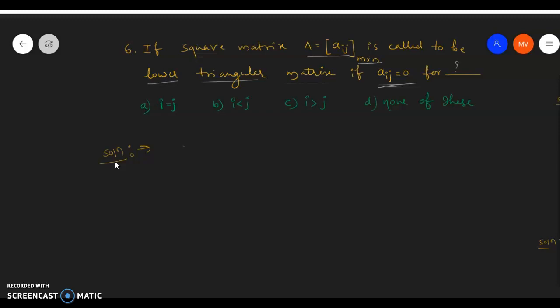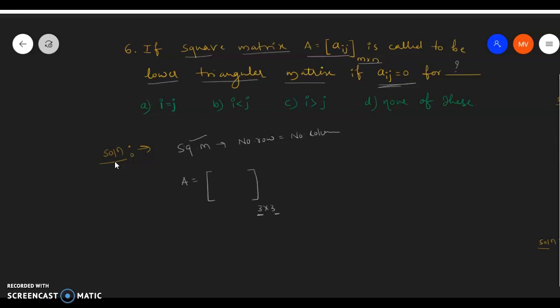First we have to know what a square matrix is. Square matrix means the number of rows must be equal to the number of columns. That we call a square matrix. So let me take A as a square matrix of order 3 cross 3.